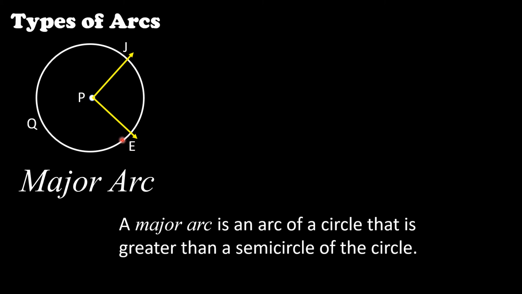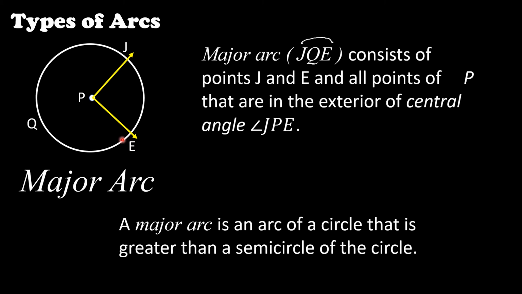Then we call arc JQE a major arc. Major arc JQE consists of points J and E and all the points of circle P that are exterior of central angle JPE.